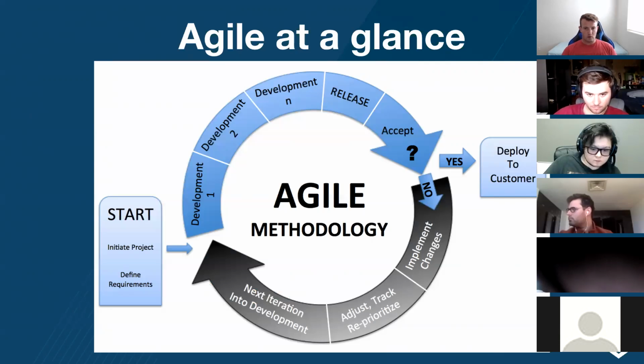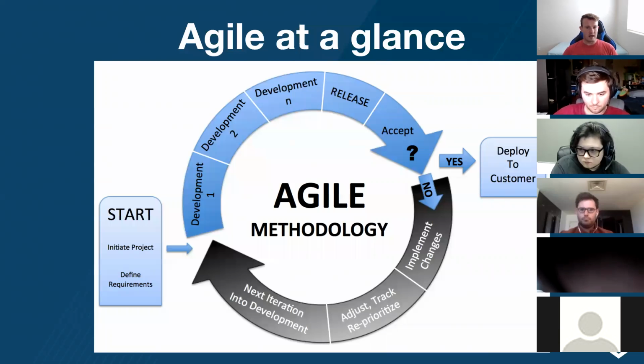They can accept it, and if it's accepted, it gets deployed to the customers. If it's not accepted, if they want some changes, then you implement changes, you adjust, track, reprioritize, and you move those features back into the next iteration, back into development.